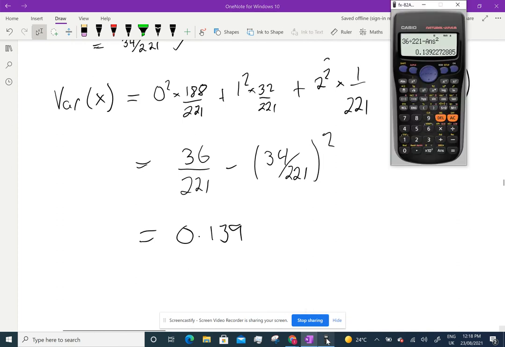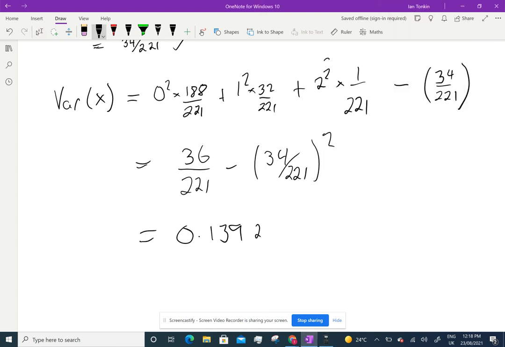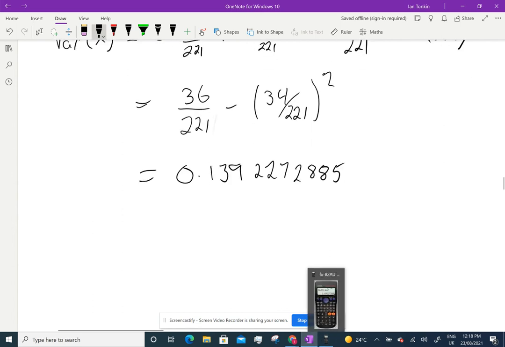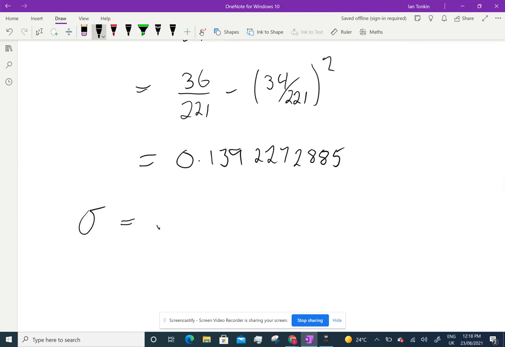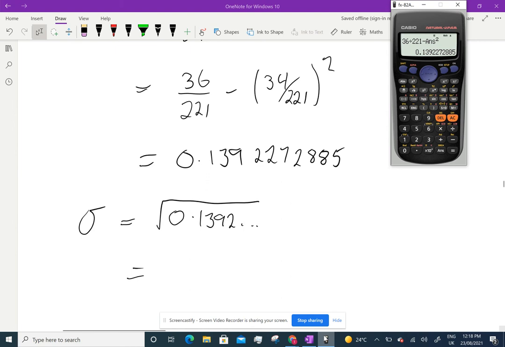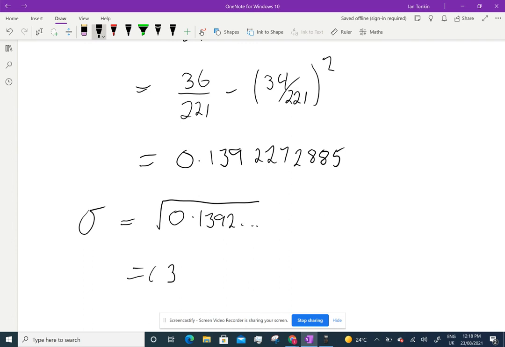Let's be a bit more exact: 0.0.2272885, I think. And to get the standard deviation, it is the square root of that. So I square root my answer: 0.373137.